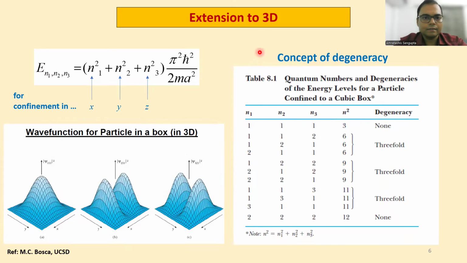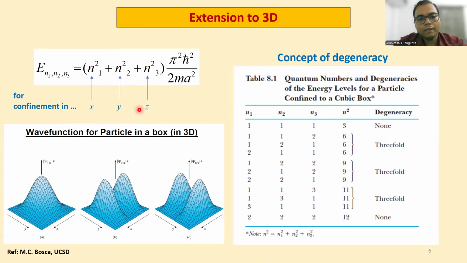If we extend this confinement to 3D, we will get a very exciting idea of degeneracy. Like we had for confinement in only the x direction, we had an n squared. We will see that if we introduce confinement in other directions as well, we'll get n squared for the y direction as well, so we denote this by n2 squared.